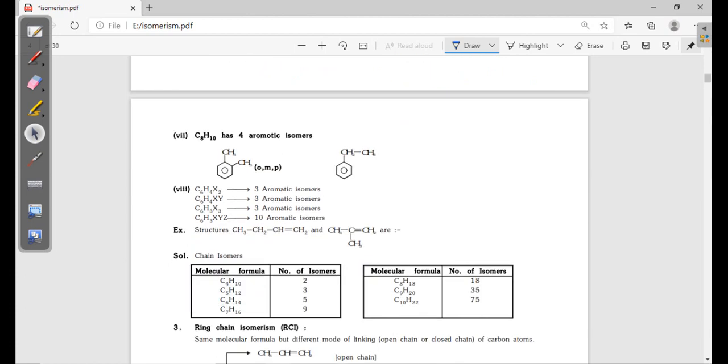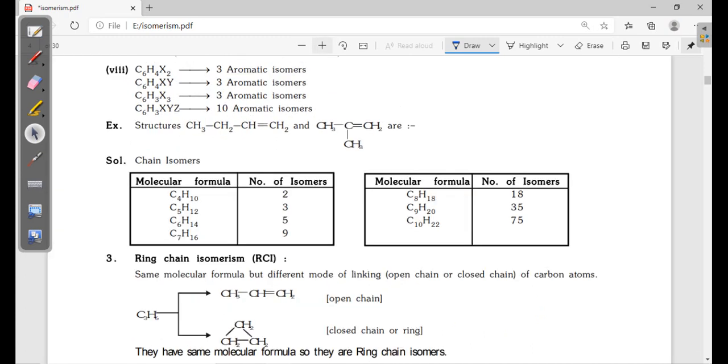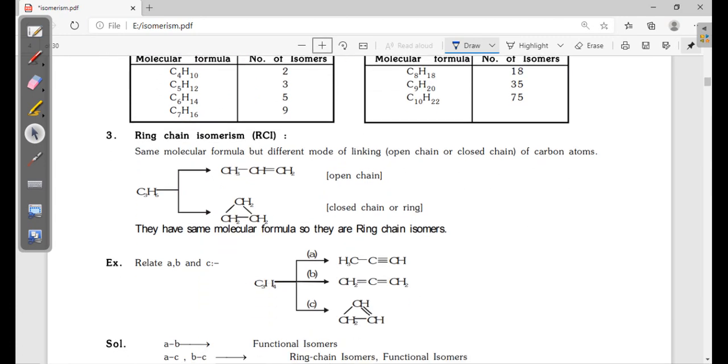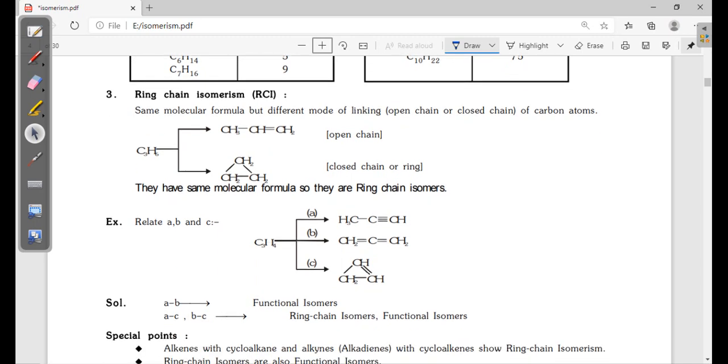Now, ring chain isomerism. It is not in the board syllabus, but in competitive exams it is required. In ring chain isomerism, one is forming a ring and one is forming a chain. Generally alkenes show this type of isomerism, CnH2n. One ring is also considered as an unsaturation.